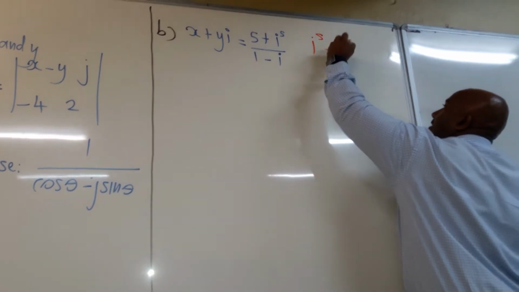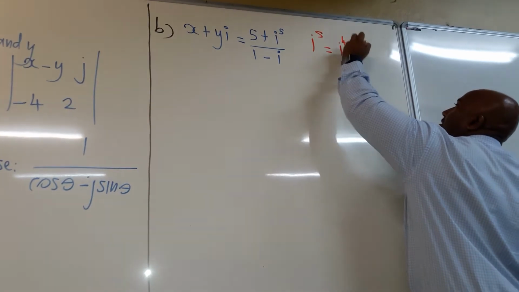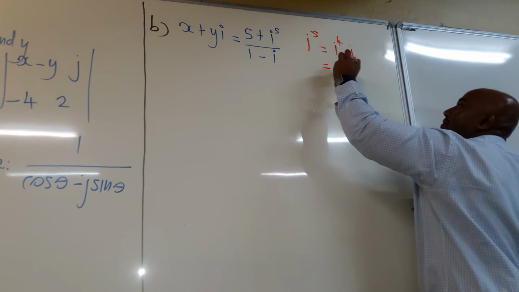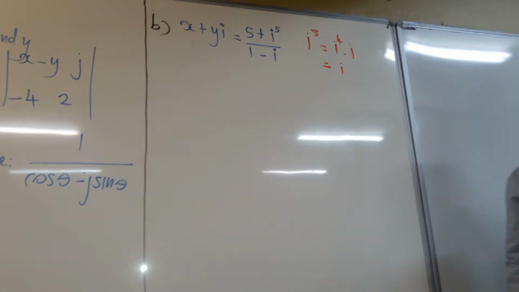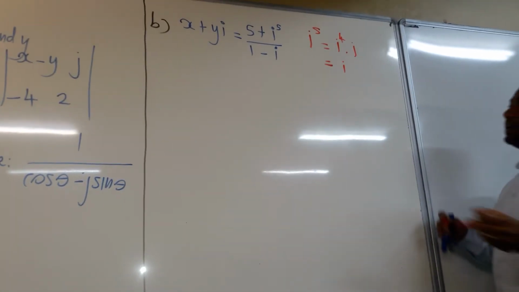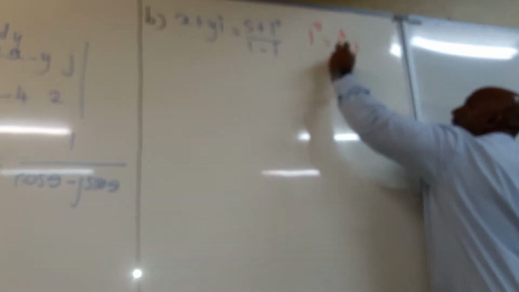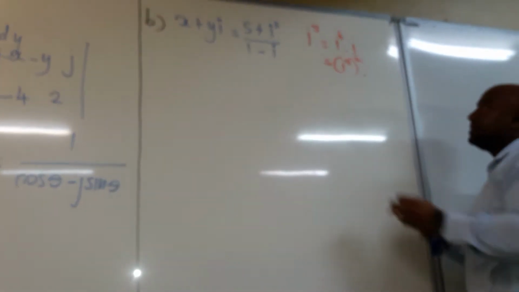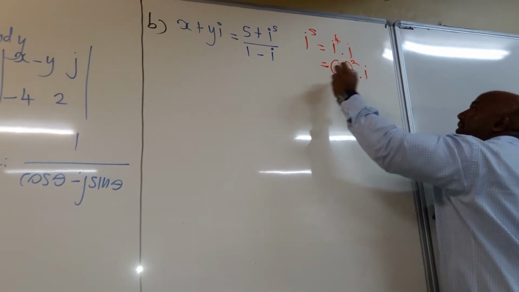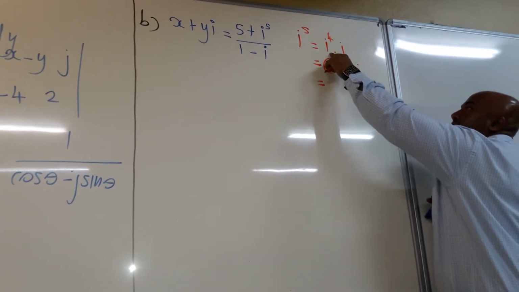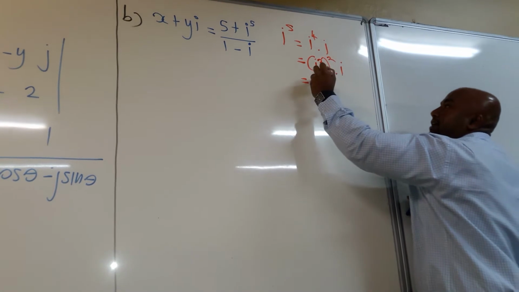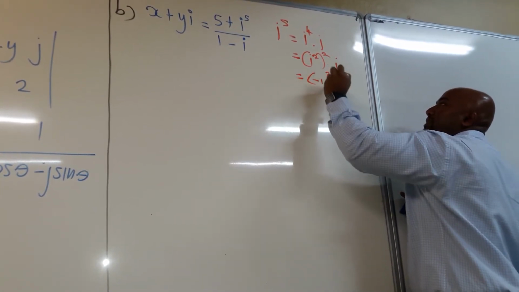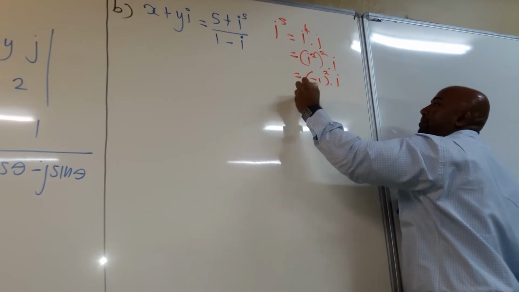So this will be I to the power 4 times I. Now I to the power 4, that's an even power, so we use our exponent law, that will be I squared all squared. You're clear with that? Times I, and then we know what is I squared. I squared or J squared is minus 1, so that's minus 1 squared times I.